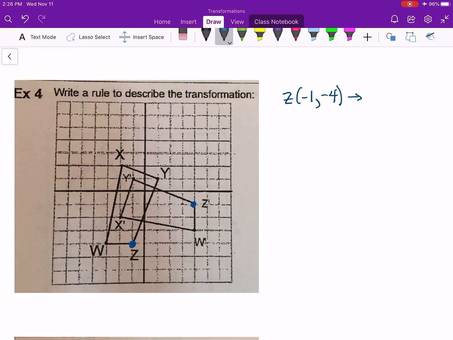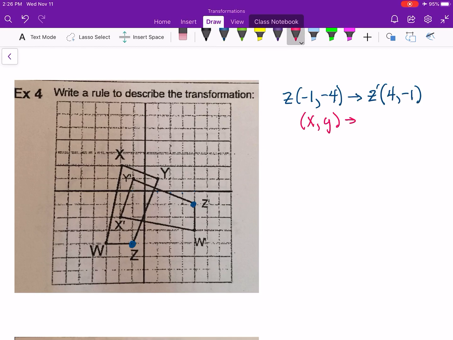It was transformed. Now remember, that is x comma y. And z prime, and I'm just counting, 1, 2, 3, 4. It is 4 to the right and 1 down.